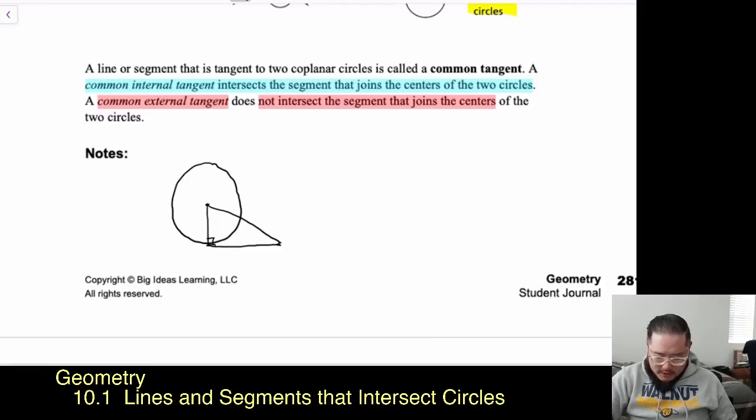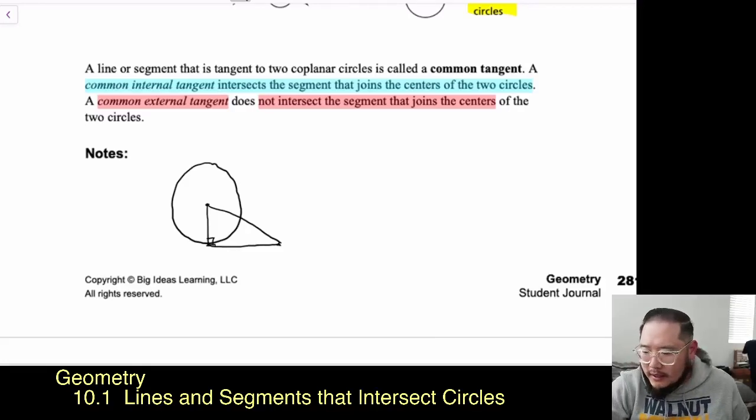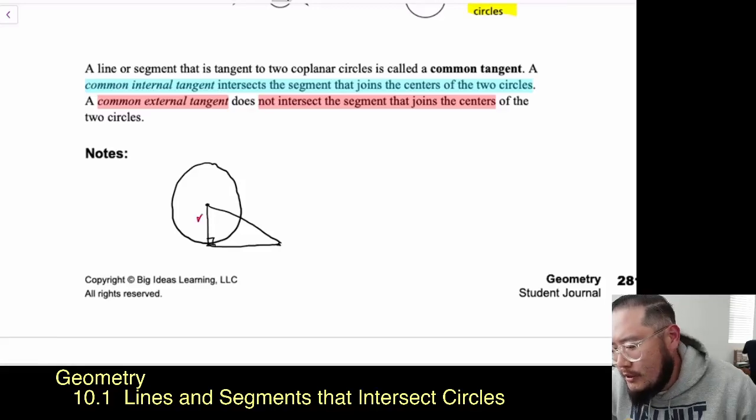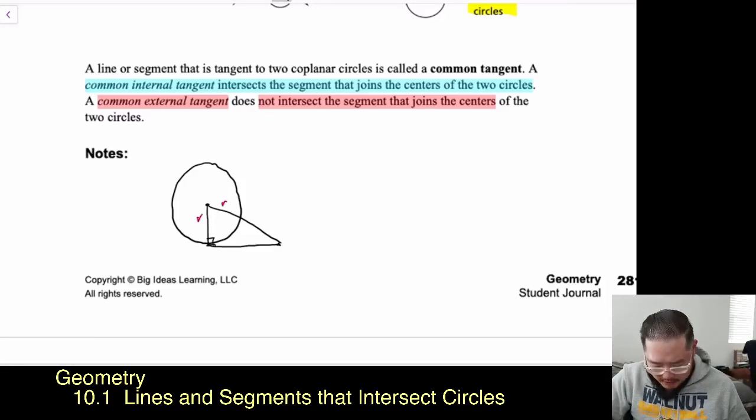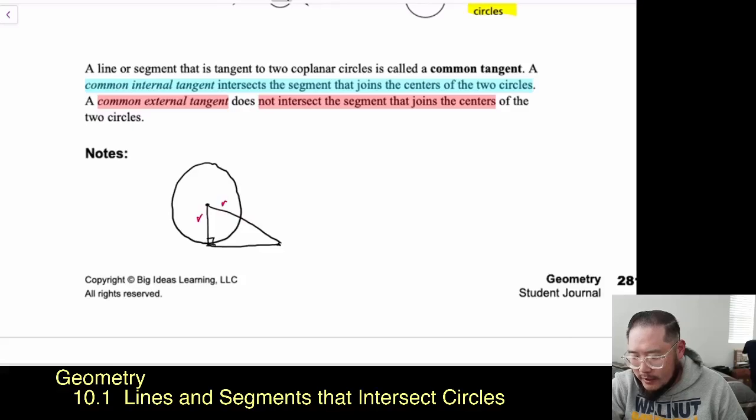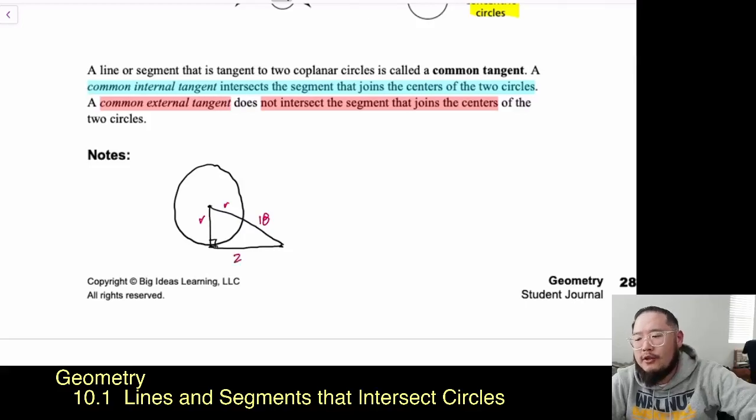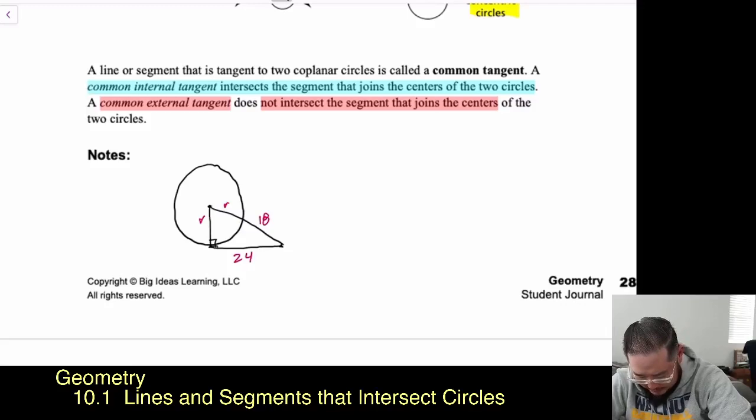Let's say that in the diagram we have these two parts that are radii, and then we also have right here an external segment that's 18, and then the tangent segment is 24. So your goal right here is to solve for r.